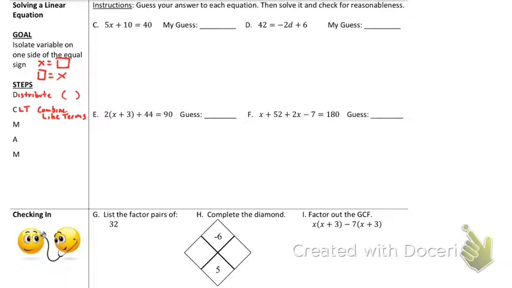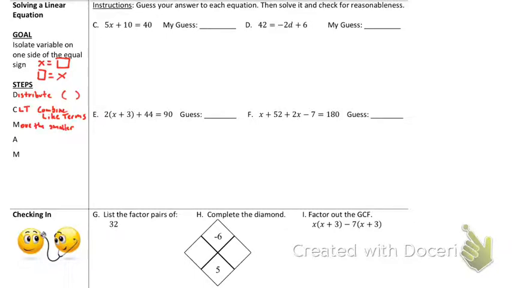It's an IM1 idea. After you combine like terms, if you have variables on both sides of the equal sign, as you will see in a couple of examples, you want to move the smaller variable to the bigger variable.